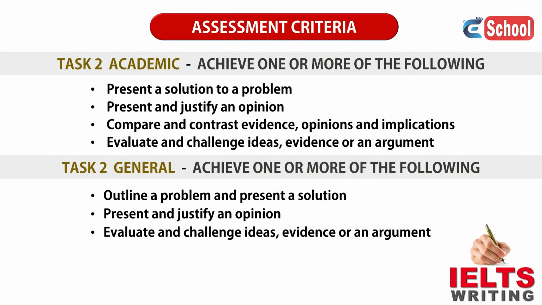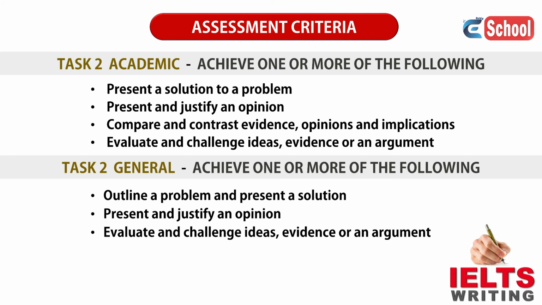For the Task 2 essay, there are slightly different assessment criteria for the academic and general training tests. For Task 2 academic, your essay will be assessed on your ability to achieve one or more of the following: present a solution to a problem, present and justify an opinion, compare and contrast evidence, opinions and implications, evaluate and challenge ideas, evidence or an argument.